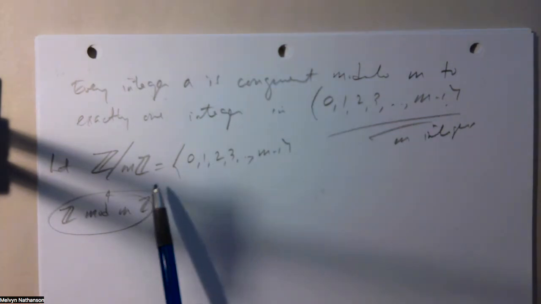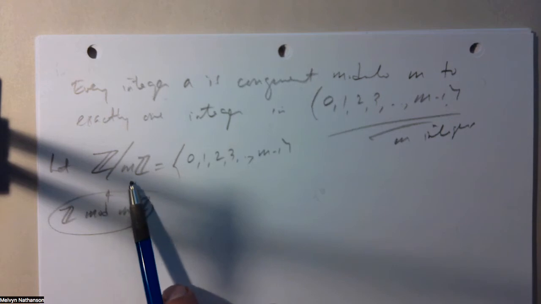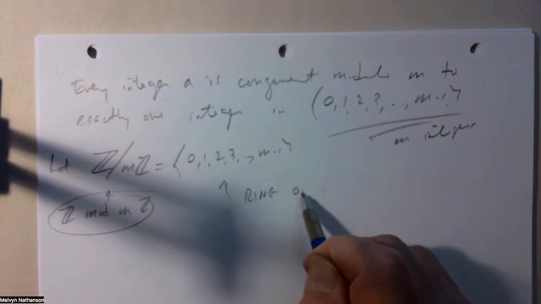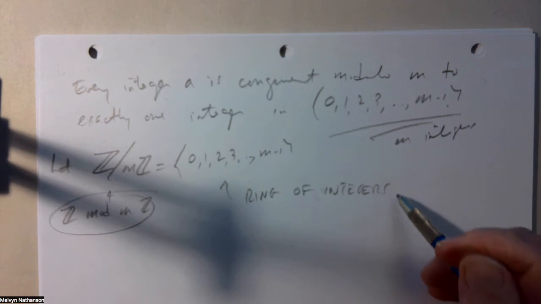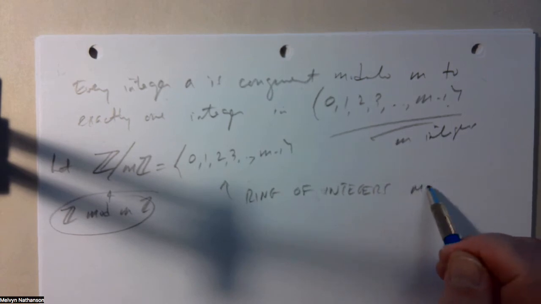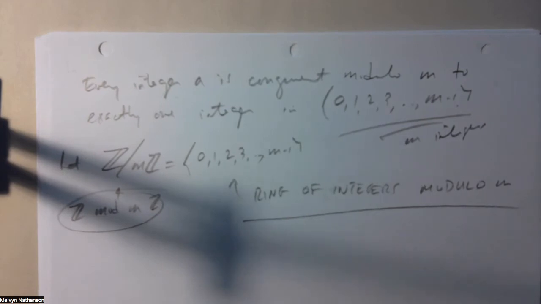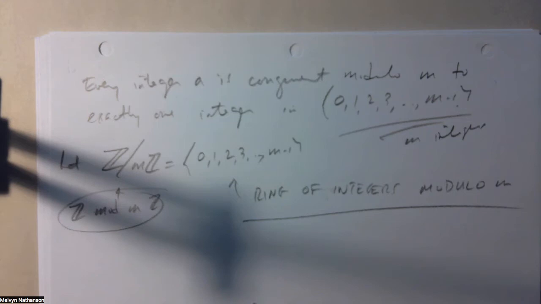When we think of these as elements of Z mod mZ, we call this the ring of integers modulo m. When we're looking at these as elements of this Z mod mZ, we define addition, subtraction, and multiplication mod m.